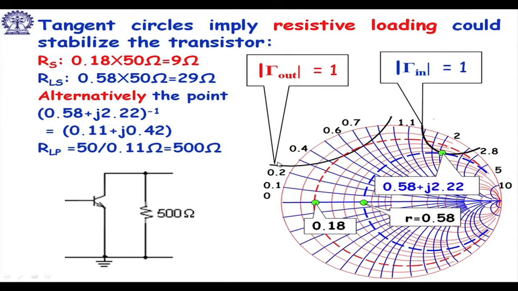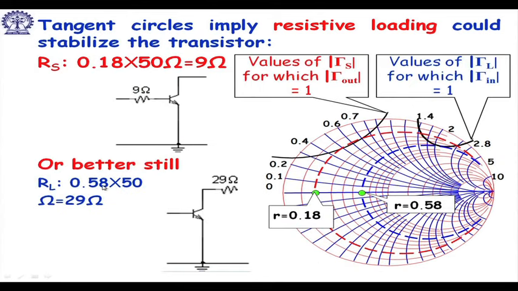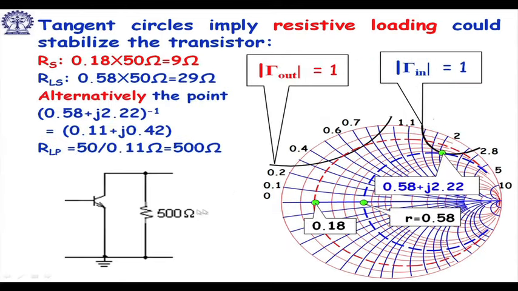From that 0.11, for admittance and conductances, I need to divide, so it is 500 ohm. So, instead of the previous case where I gave a 29 ohm series resistance, I can also give a 500 ohm parallel resistance on the load side, and that will also stabilize the transistor.